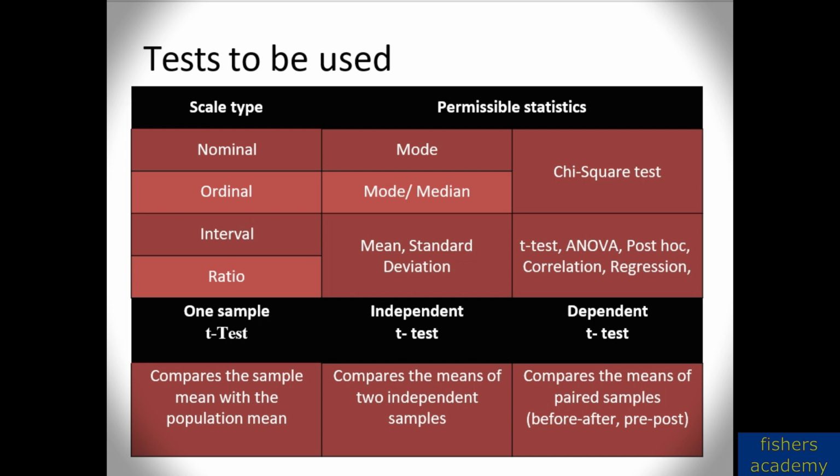Then after that 1 month, hemoglobin in the same 100 patients is tested again, and we want to find out whether there is any statistically significant difference between pre and post intervention. For that we are not supposed to use the two-sample t-test, because the same patients are tested after follow-up, after intervention. So that is called paired pre and post. That is why the paired t-test will be applied.